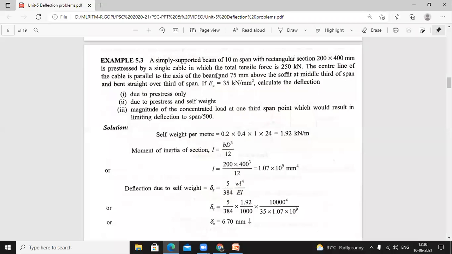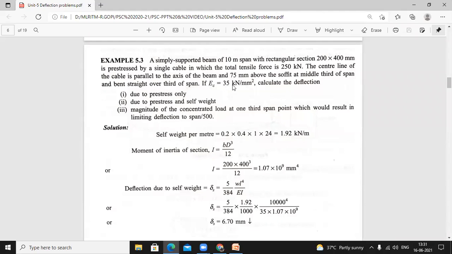A simply supported beam of 10 meter span with rectangular section 200 mm by 400 mm is prestressed by a single cable in which the total tensile force is 250 kilonewton. The center line of the cable is parallel to the axis of the beam and 75 mm above the soffit at the middle third of the span and bent straight over the outer thirds.